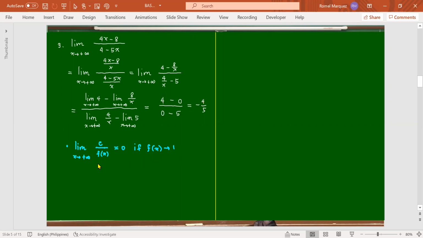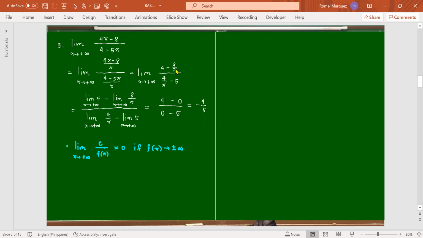If x becomes large and this becomes large, either positive or negative, then this will become 0. So again, if x approaches positive infinity of c over f of x, and f of x is approaching either positive or negative infinity, this quotient is 0.